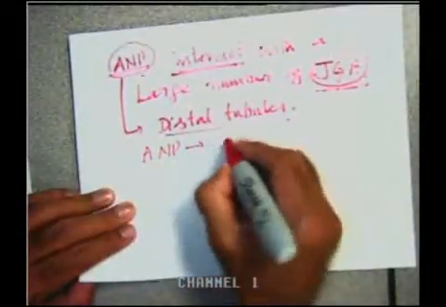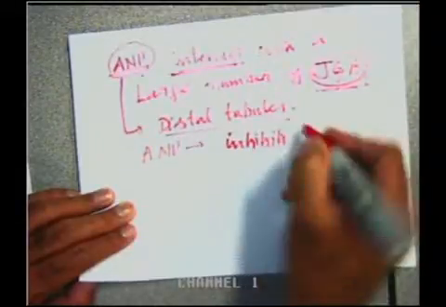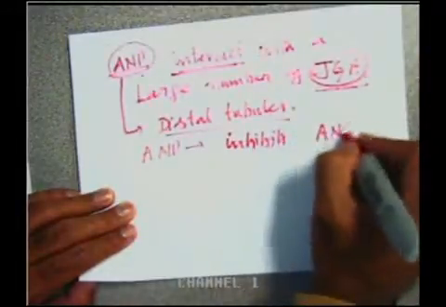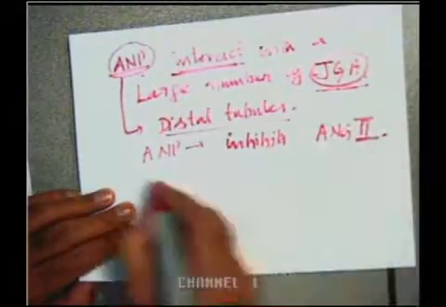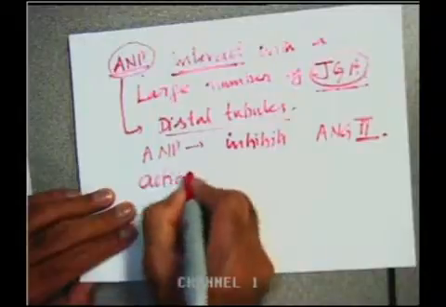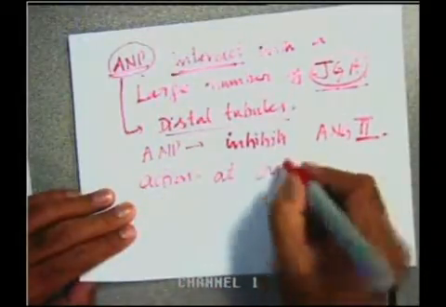This ANP inhibits the Ang2 activity, the Ang2 action at the distal tubules.